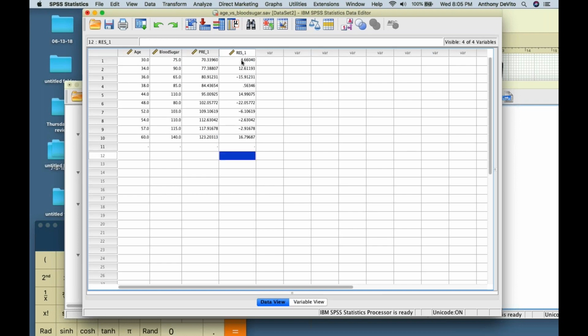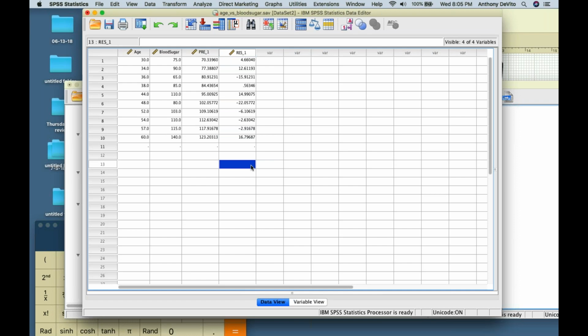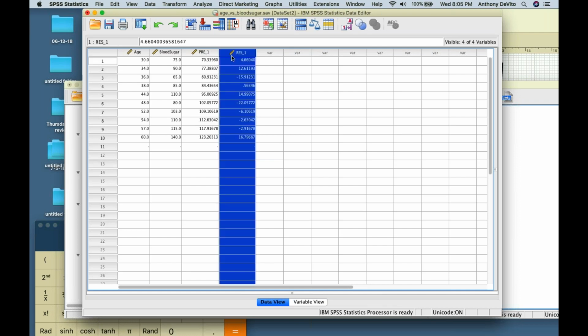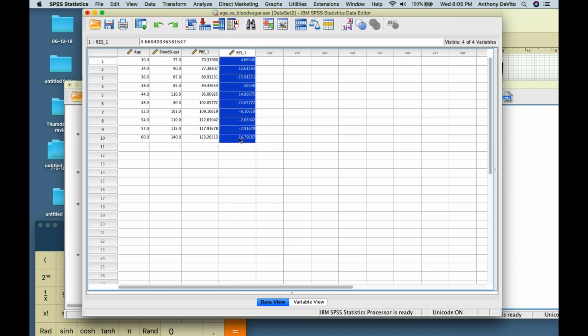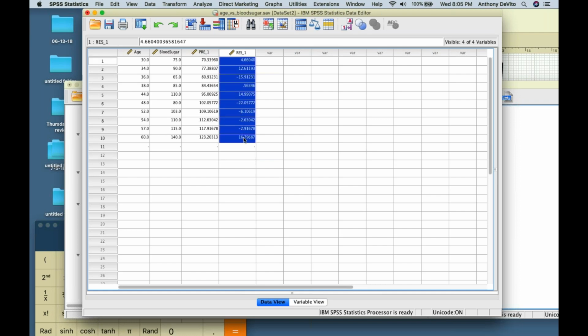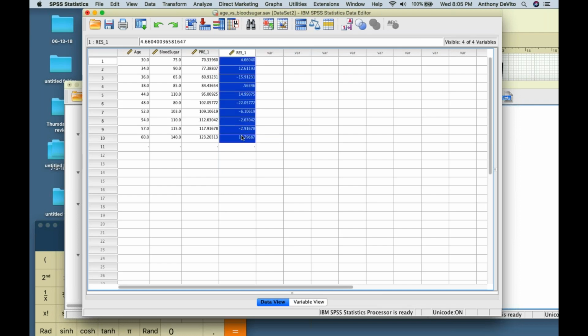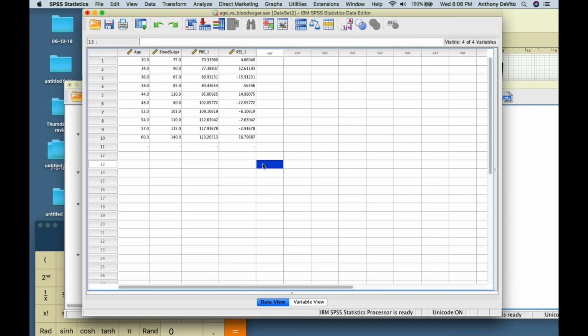Now, what was one of the things that came up during that video about these residuals? What were we concerned about with these residuals? One of the things we were concerned about is that we wanted these residuals to be normally distributed.